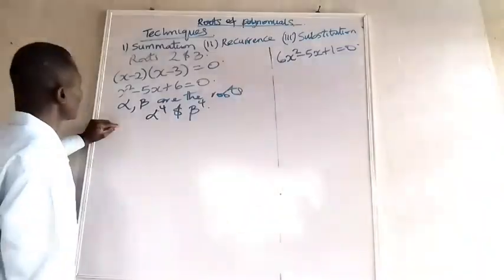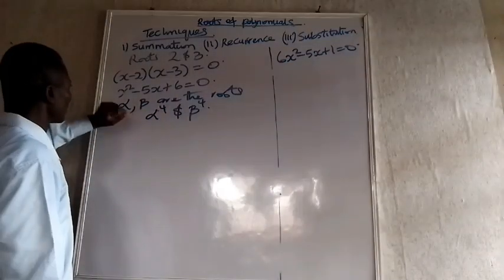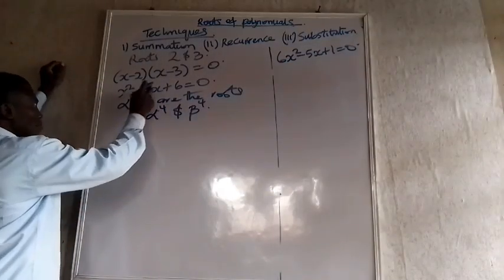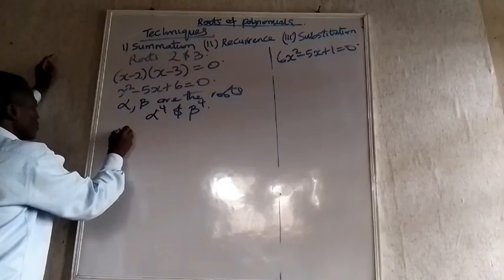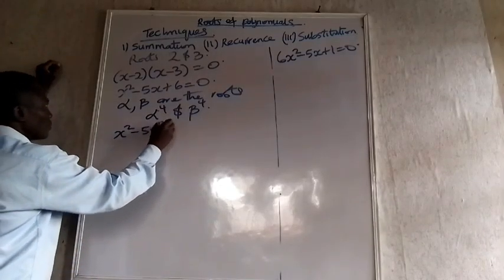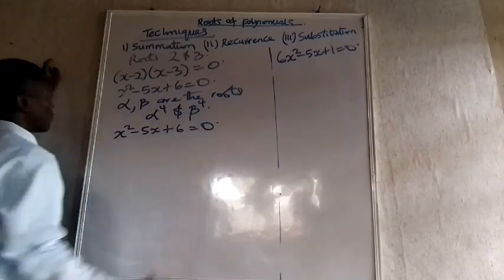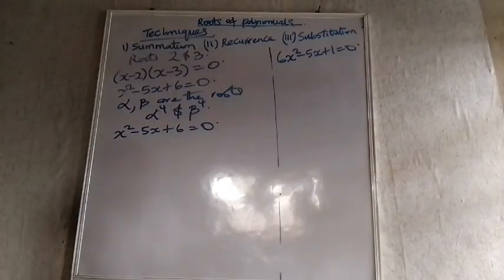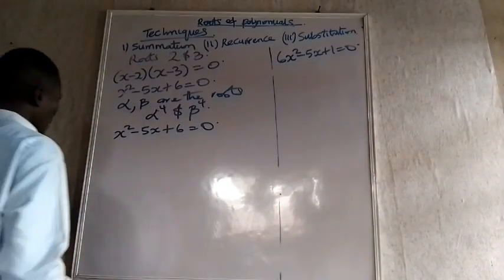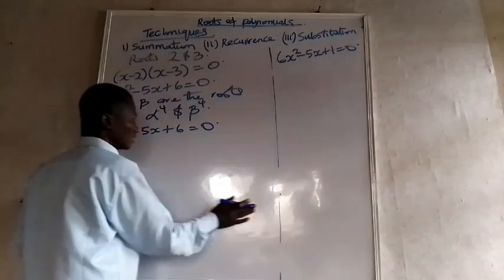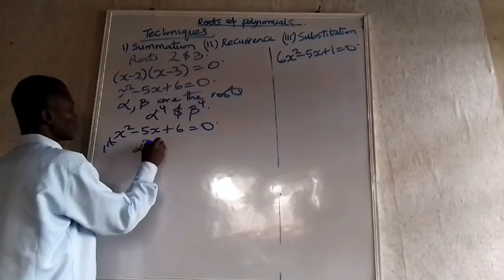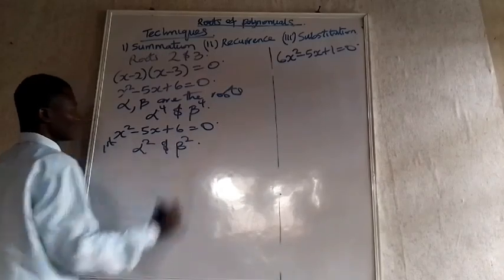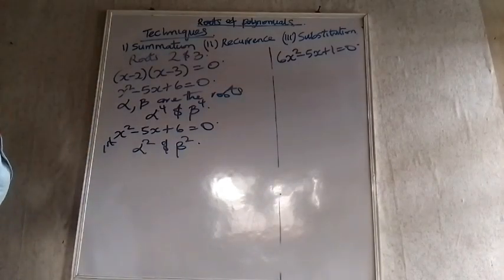Now, let's see. x squared minus 5x plus 6 equals 0. Now for me, I will first of all form the equation with alpha squared and beta squared. I can use substitution.